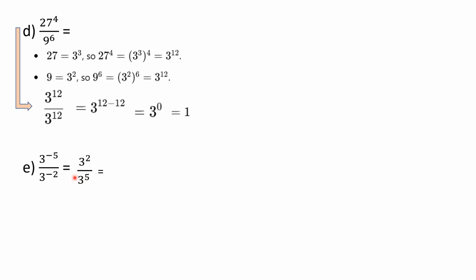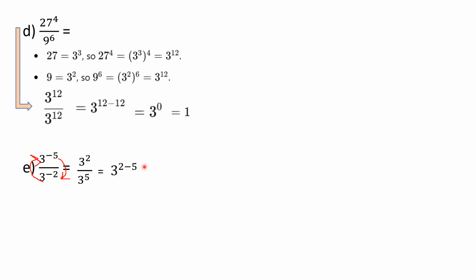In this case, this one up, it will be 3 power 2, and this number is down, so it will be 3 power 5. Now I have same base, keep the base, and I have division, so subtract the exponents. So 3 power 2 minus 5.